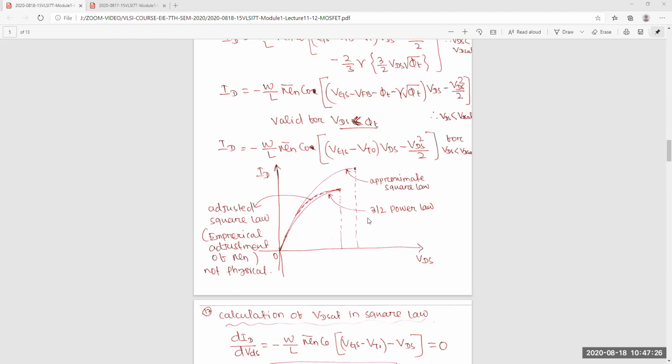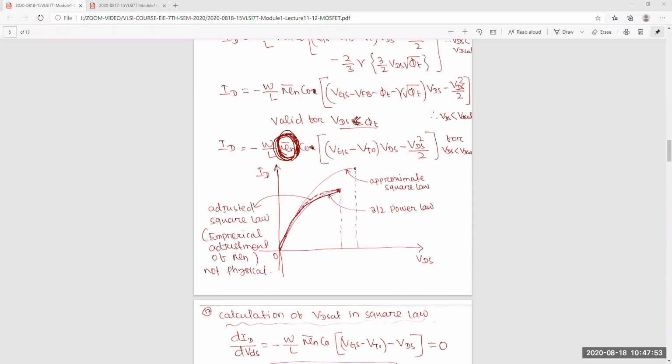So where will we do the adjustment? We will do the adjustment here, in mu n. This mu n adjustment is empirical. This is not physical. The physical mu n is something, but we have to use some other mu n so that the current in the square law will be this.